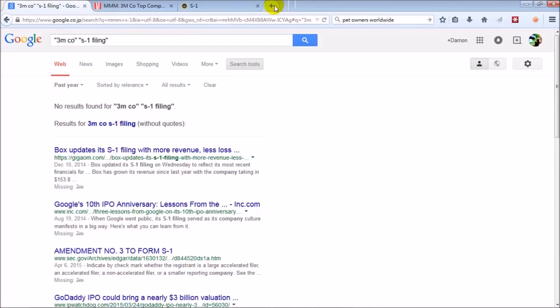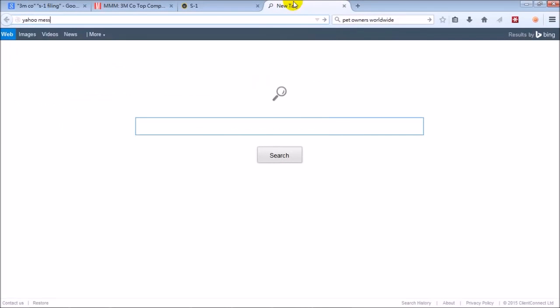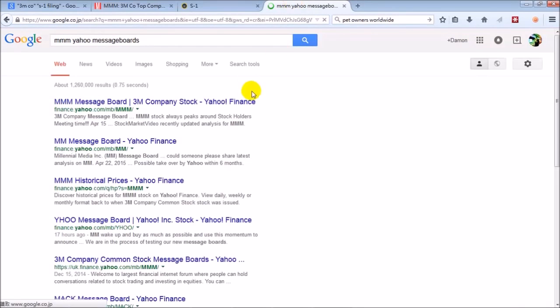All right, so a third place to look, and a lot of people will disagree with me here because there's a lot of bullshit that goes on here, is Yahoo message boards. And it's kind of weird because you don't know who is participating in Yahoo message boards, but I feel it's a great place if you don't look at it as serious analysts discussing a stock, but as a place to aggregate information and rumors.